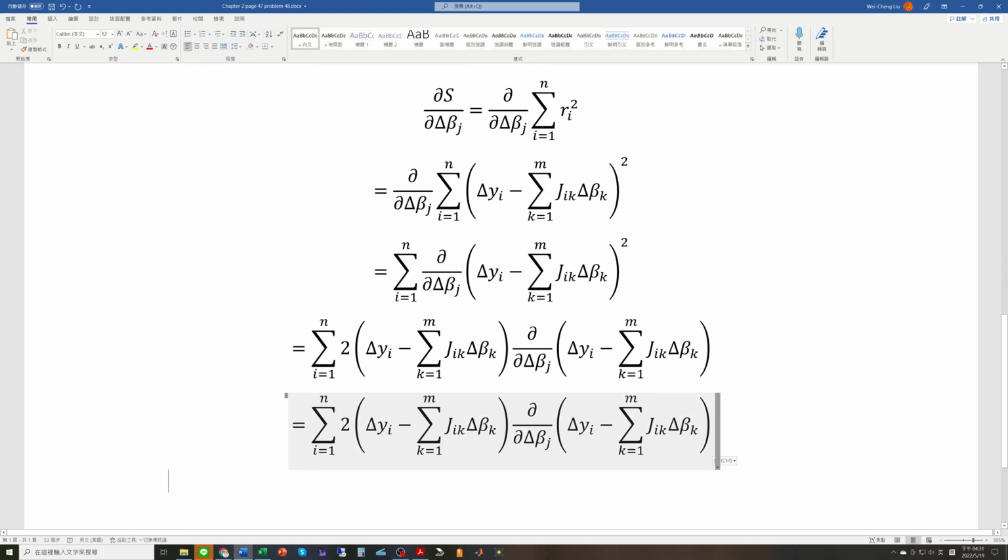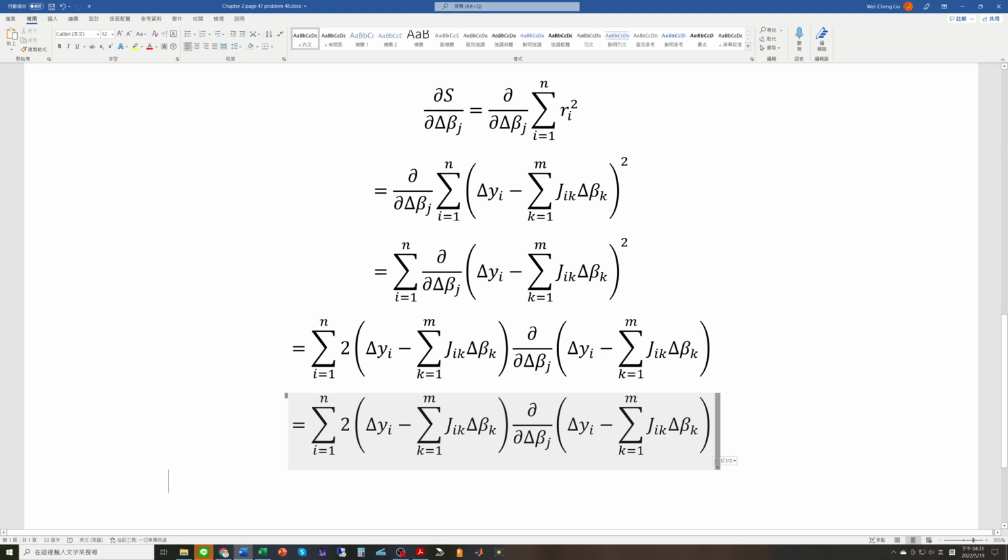Take the partial derivative with respect to delta beta j. Delta yi can be treated as a constant, so it disappears, and minus summation k is equal to 1 to m capital Jik delta beta k. The only term in this summation that contains delta beta j is capital Jij delta beta j.